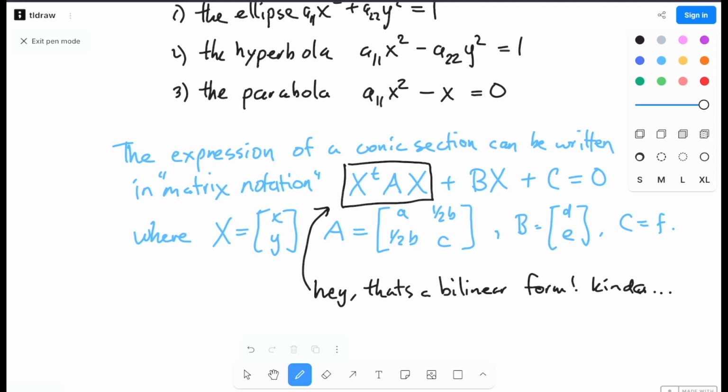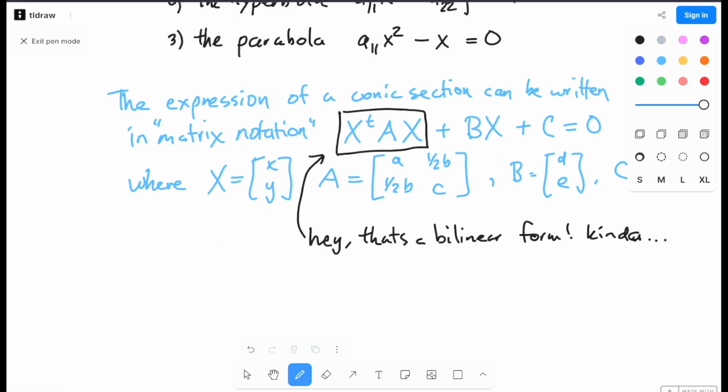So our bilinear forms from before were things like B(v, w) equals v transpose M w.